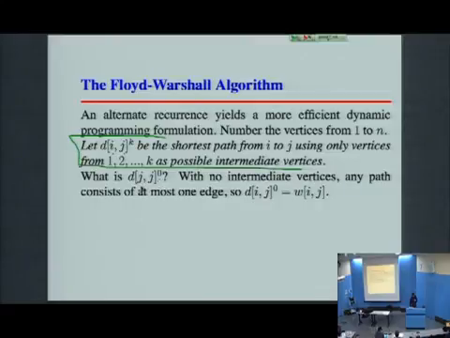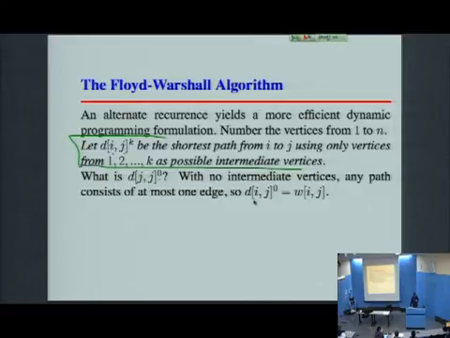What's the distance from j to j using 0 as an intermediary? What is that distance going to be? What's that distance going to be? 0, right? To get from where I am costs me nothing, right?